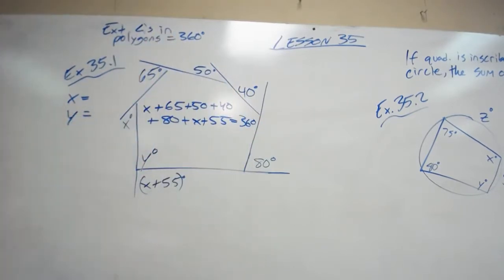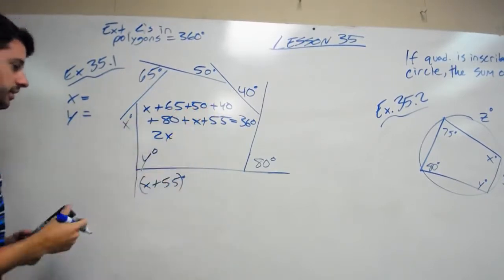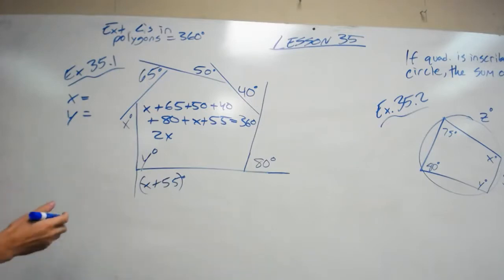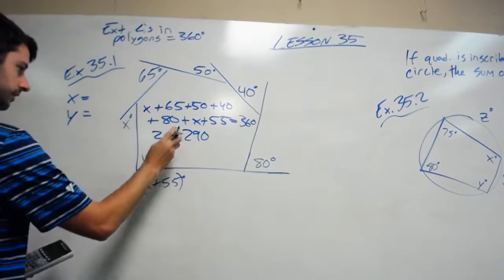And I'm just going to put that in my calculator. Well, x plus x is 2x. Then I'm going to add all these numbers in my calculator. I'm going to put in 65 plus 50 plus 40 plus 80 plus 55, and that's 290.